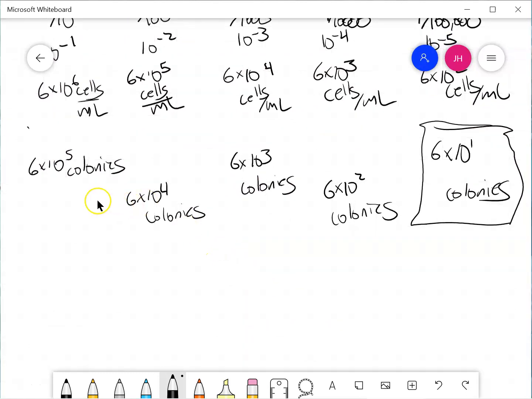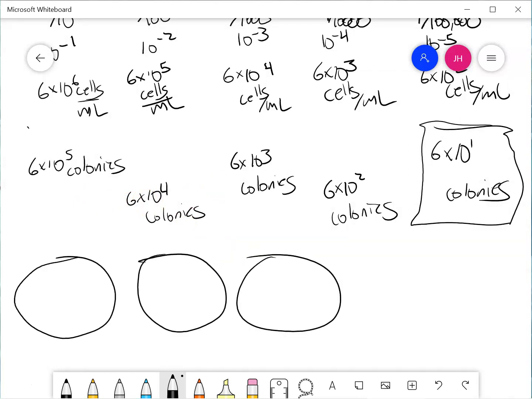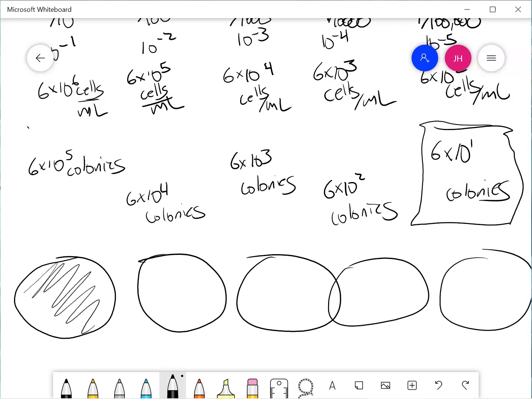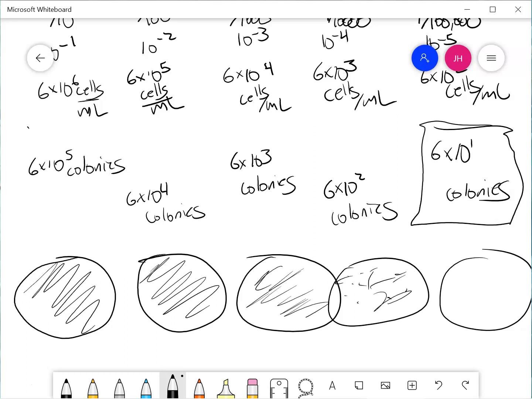So we go ahead and we make all the petri dishes. And we can't count this. It's 600,000, and this one's 60,000, and this is 6,000, and this is just like too many, and this is like 60.